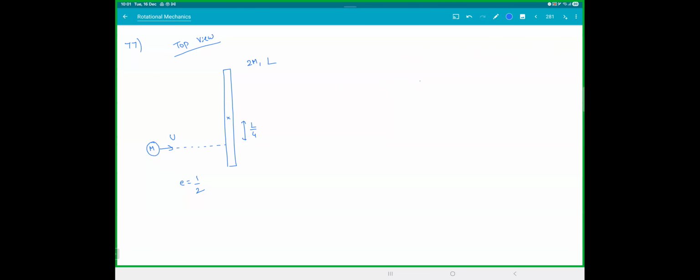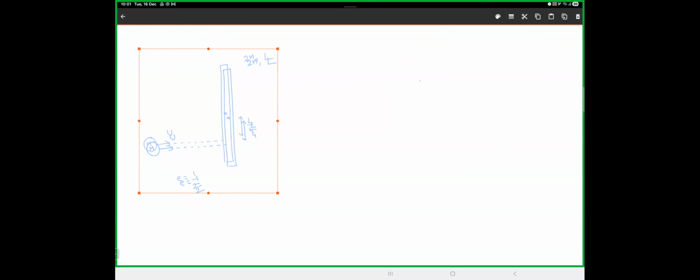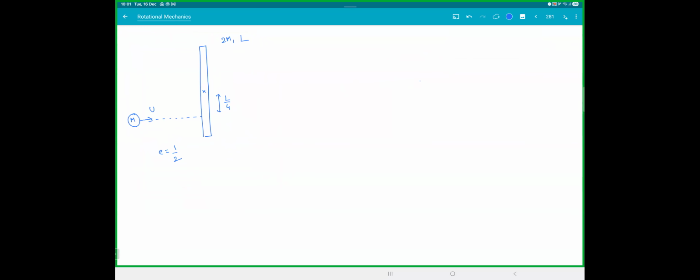If you got the equations right, then it is just a matter of solving. Draw the rod before and after collision. After collision, let the ball go with V1, the rod's center with V2, and omega. You are interested in the velocity of this point, which is V2 plus omega L by 4.